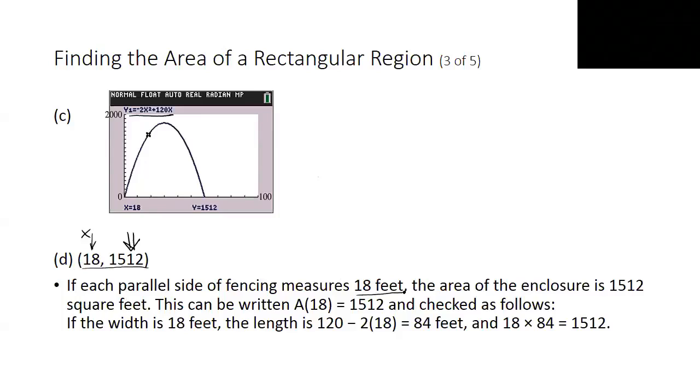If it's measured 18 feet, the area of the enclosure should be equal to 1512 square feet. So this can be written as A of 18 is equal to 1512. If you actually substitute 18 for x in the formula that we found, you can see the number appears there, exactly the one we see.